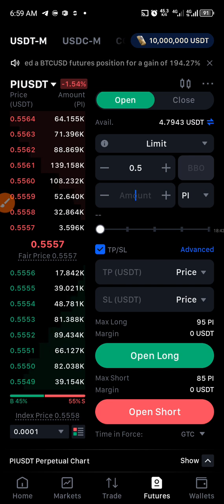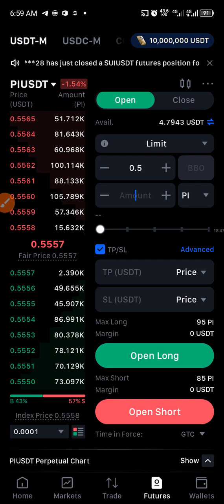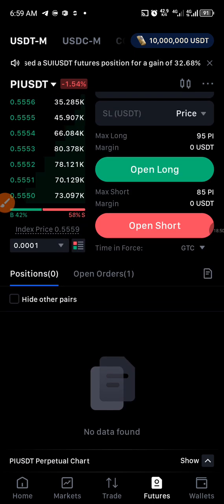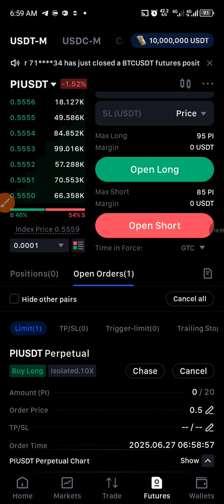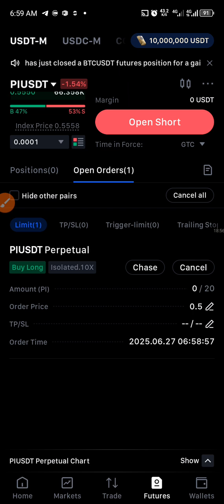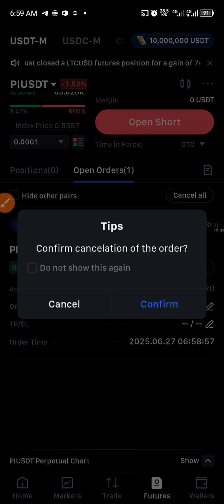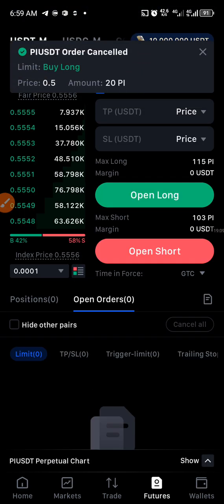So it will wait till the price is 0.5 before the trade will trigger, then it will start moving. If you check downward here, you will see open order. This is what I have set. Whether you are online or not active, once it gets to this price, it will trigger. Let me cancel it for now.